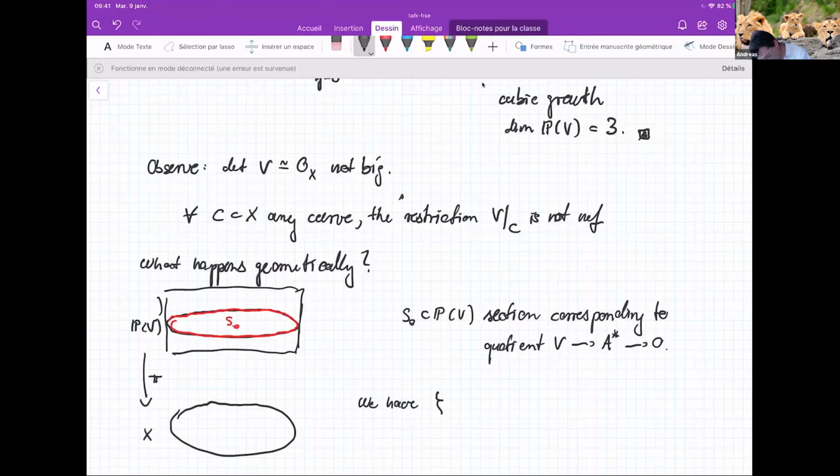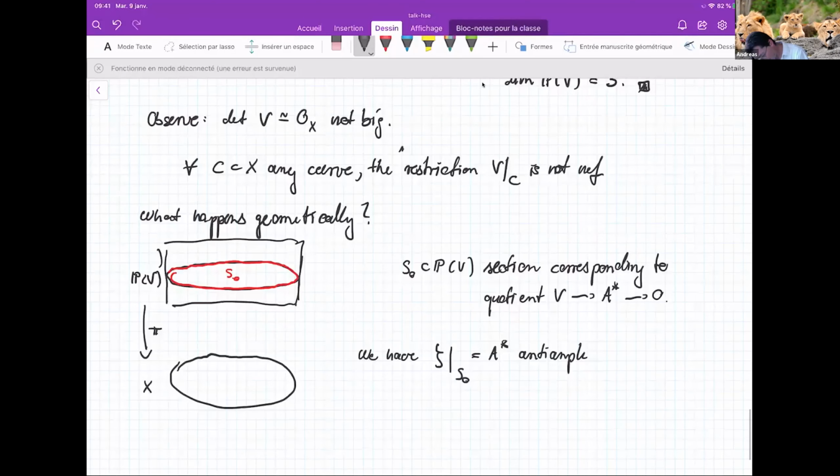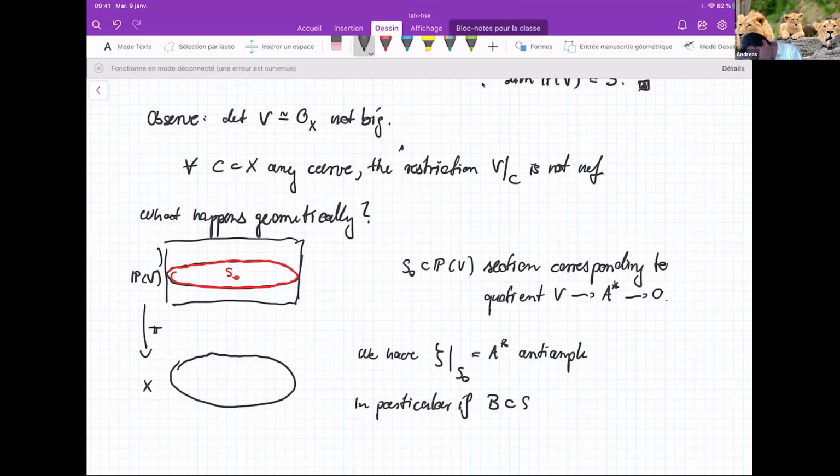In particular, if I take any curve B in S0, then the tautological class intersected with B is going to be strictly negative, because it's A star intersected with C, so this is negative.